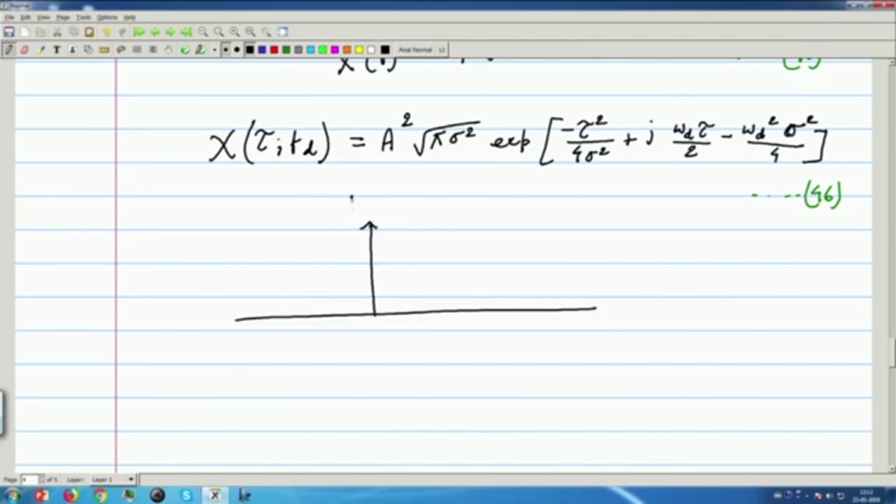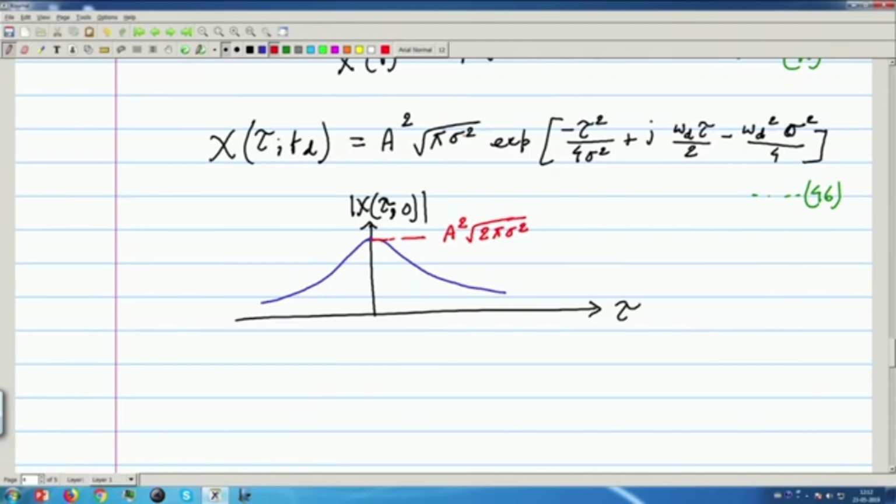That means, if I plot the ambiguity function with Doppler 0 versus tau, that will be again a Gaussian type of function, and the magnitude of the peak is important, that will be square root over 2 pi sigma square, as can be seen here.